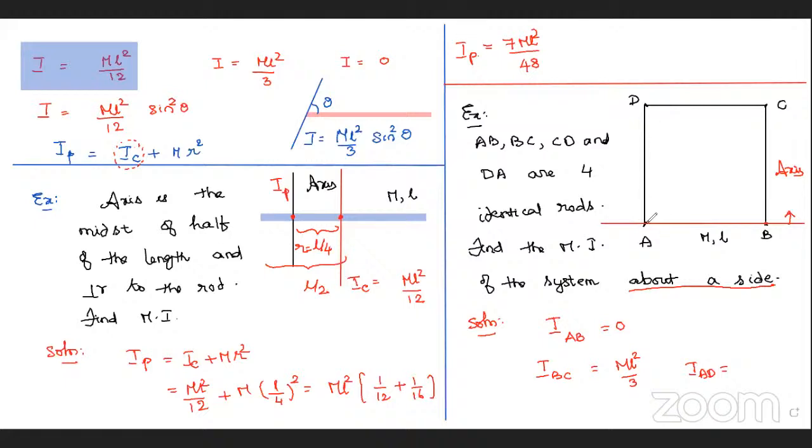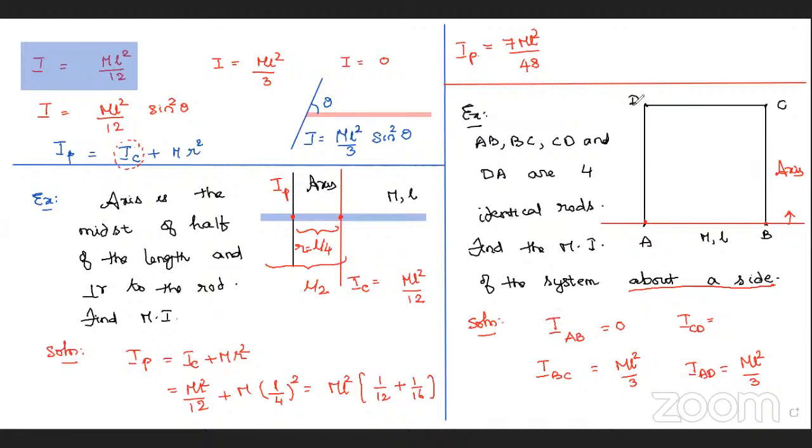Because it is passing through again one end of the rod AD. Exactly. Same. ML square by 3. Now, the leftover one is I of the rod CD.